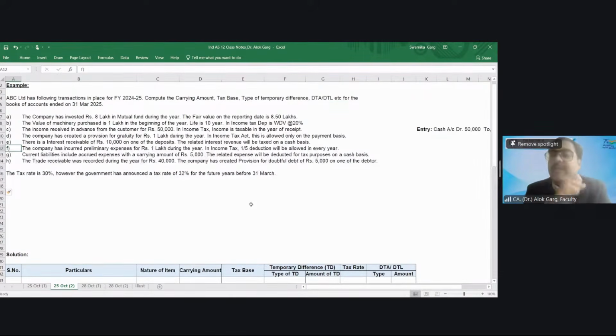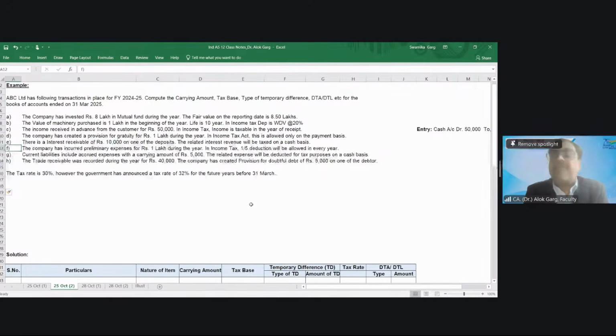Now, talking about the Income Tax Act. The company has incurred some preliminary expenses in the current year for rupees 1 lakh. What will be the accounting entry? Preliminary expenses account debit to bank account. What will be the accounting entry for the Income Tax Act also? Preliminary expenses account debit to bank account. But at the same time, this preliminary expenses will not be debited by 1 lakh while the bank is credited by 1 lakh.